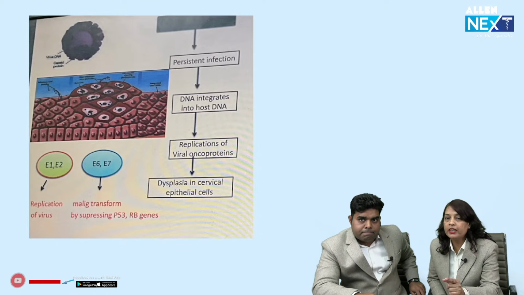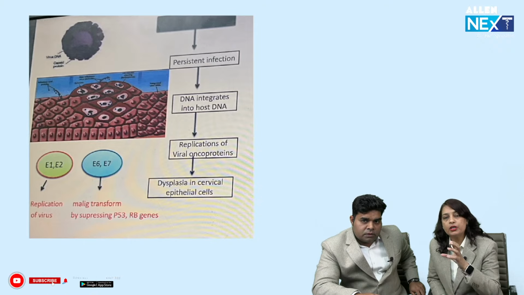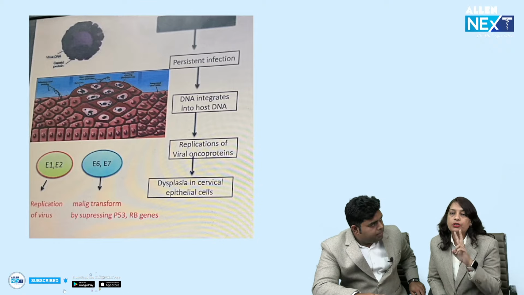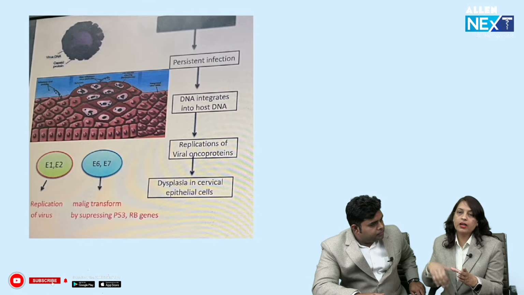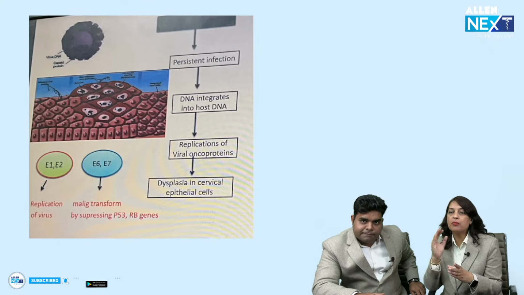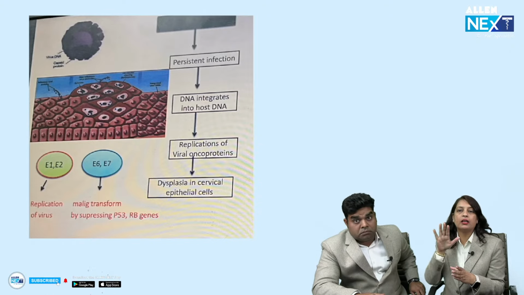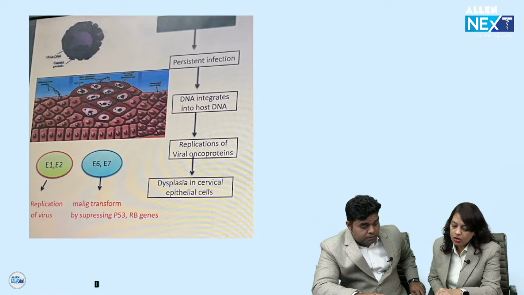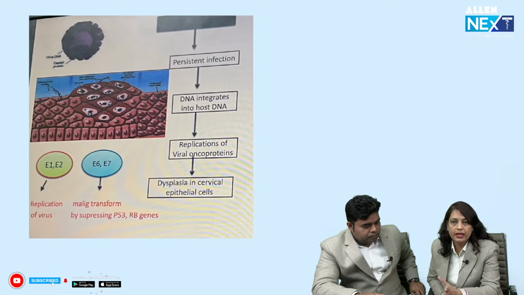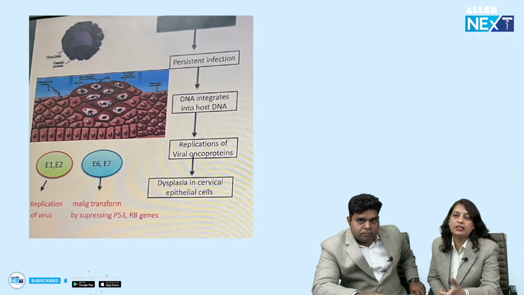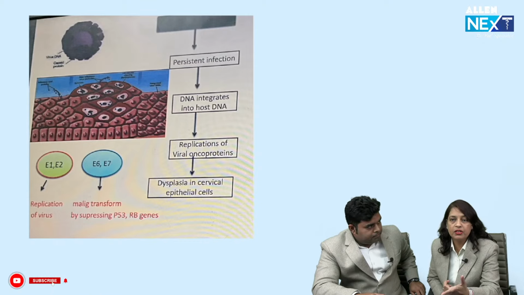Mind it, oncoproteins are a risk factor for changing the cell or using the cell machinery, for two reasons: one, for replication of the viral particles; number two, it causes changes in the genes which are cancer protective. So the replication of viral oncoproteins causes dysplastic changes, a precancerous condition which we call CIN or dysplasia.